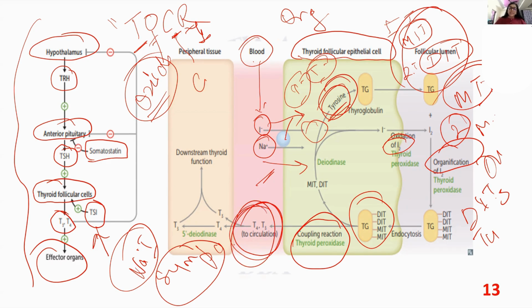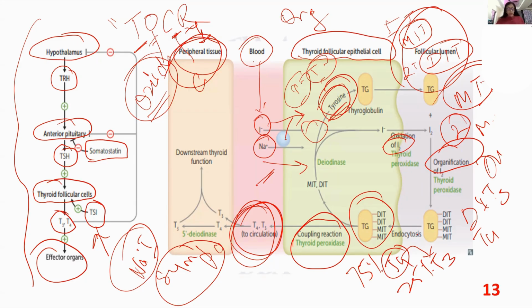When they are released in the system, 75% is T4 and 25% is T3. Now they reach the periphery, the peripheral tissue. Once they reach the peripheral tissue, T4 is converted to T3, the active form. Which hormone is released in a larger quantity from the gland?